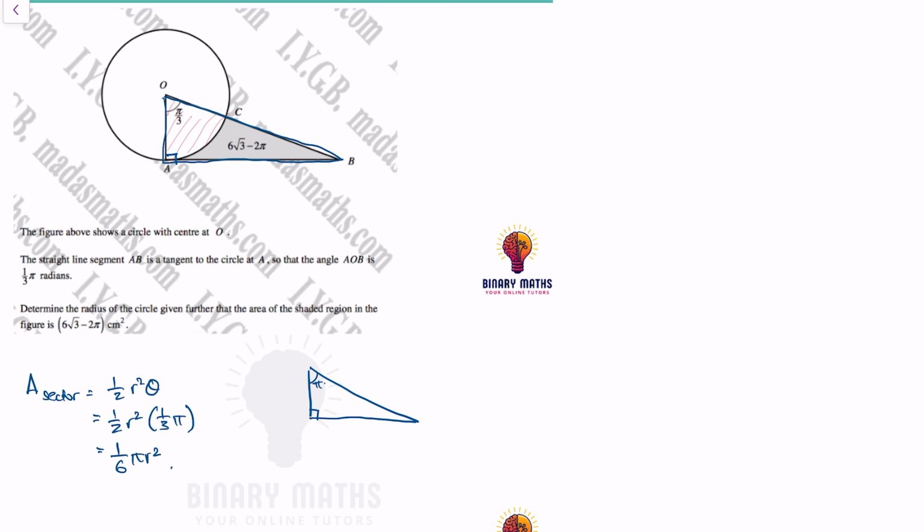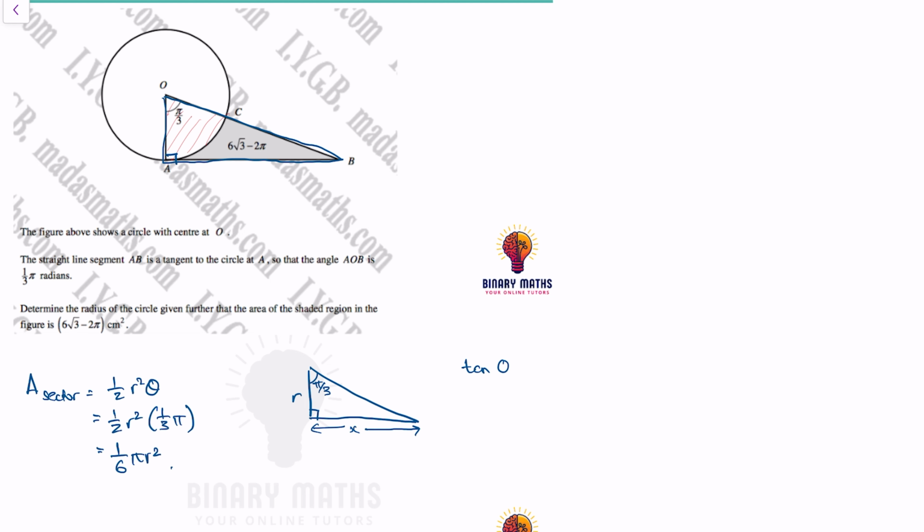This is pi over 3. And we know this is the radius. Because I want to work out the area of the triangle, I need this base part. Okay, so I need to work out this. Let's call this x. Then because I have opposite and adjacent, I have to use the tan ratio.